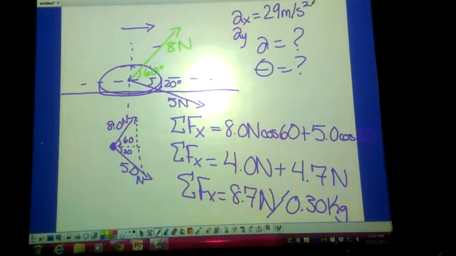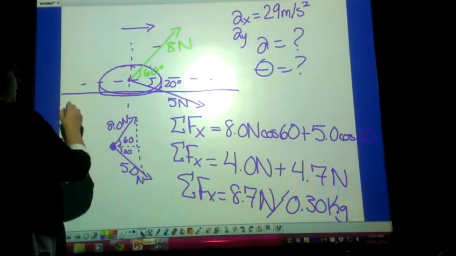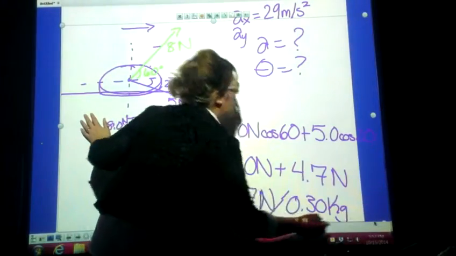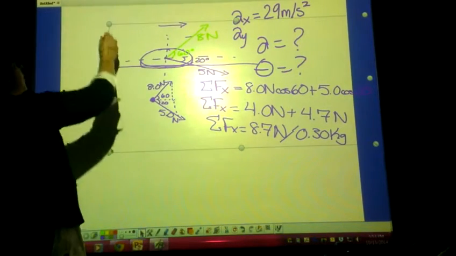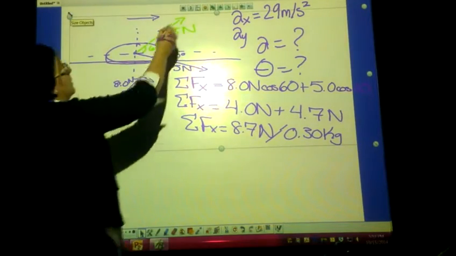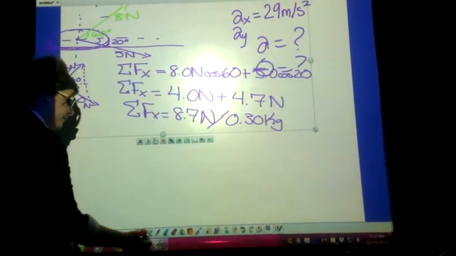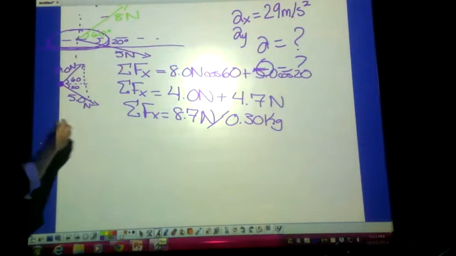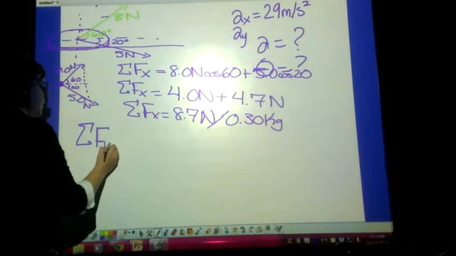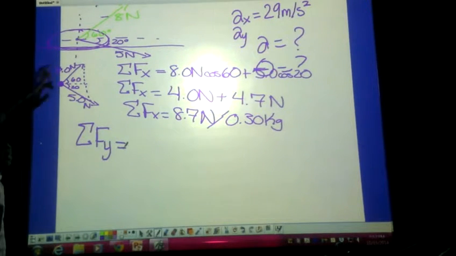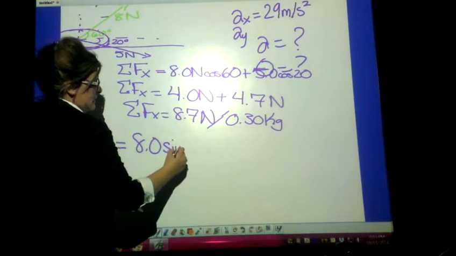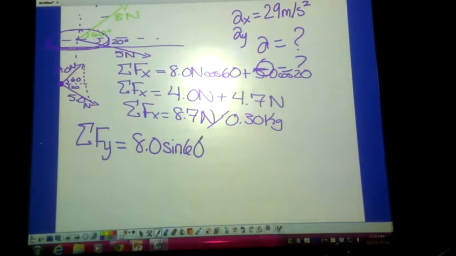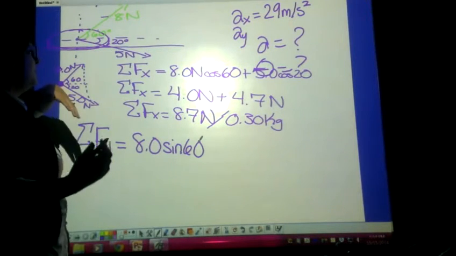I want to do the exact same thing, but now in the y direction, okay? So I'm going to do the sum of the forces in the y is equal to, I have a y component of the 8 newton one, so 8 sine 60, and now this is where I'm going to have my negative, because now this is in the negative direction for y.